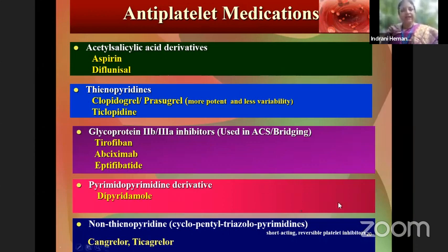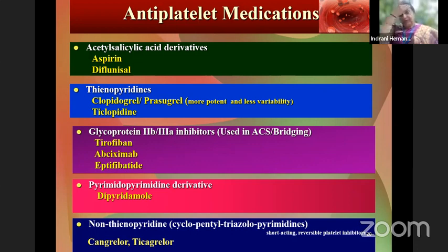Then we have the thienopyridines, clopidogrel and prasugrel, which is a more potent and a less variable drug, and ticlopidine. Clopidogrel inhibits platelet aggregation and platelet leukocyte aggregation, and as an irreversible inhibitor of ADP receptors, P2Y12, clopidogrel prevents activation of 2B3A receptor, which can cause thrombosis.